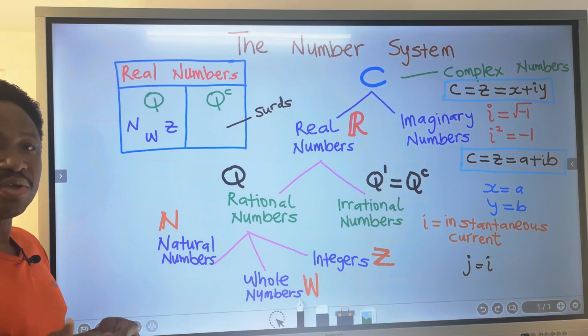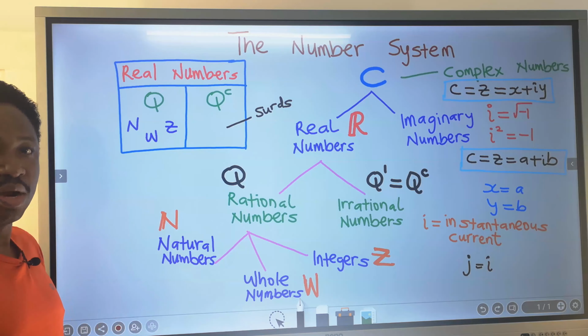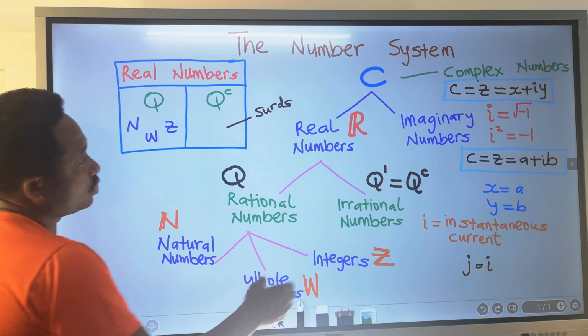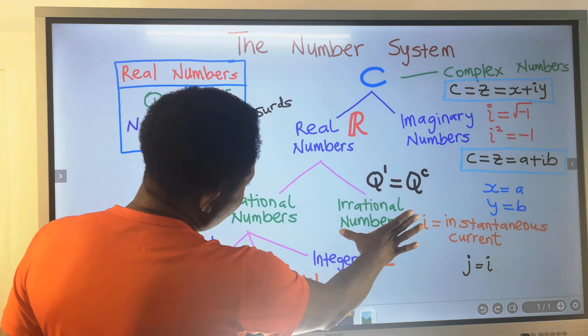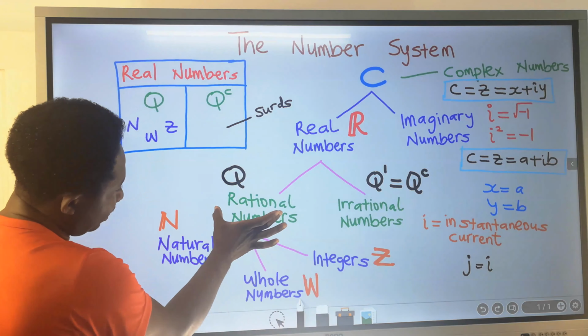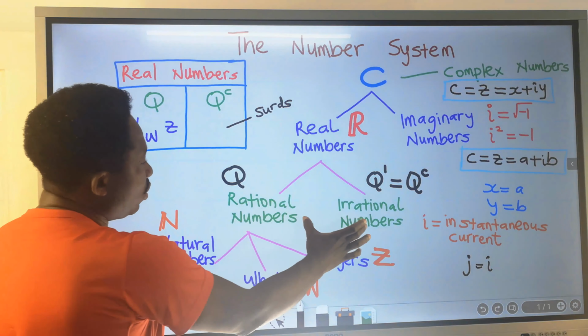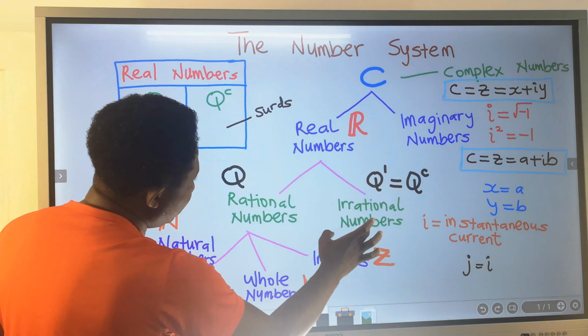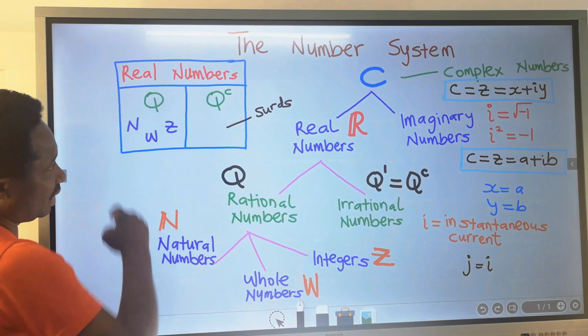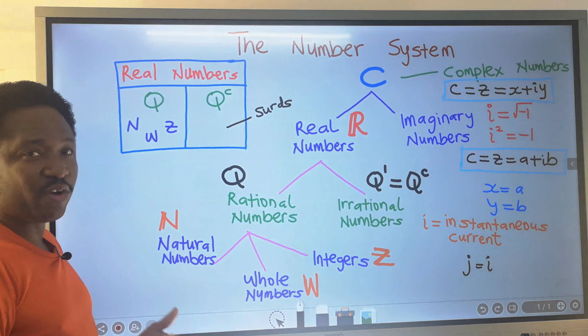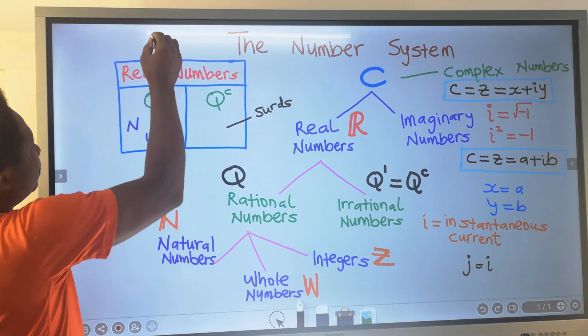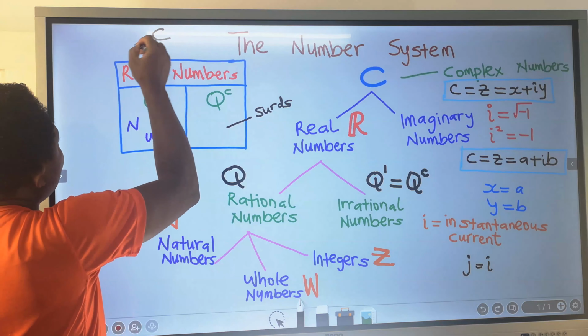Hence, whenever you hear anything like rationalization of surds, remember that surds are irrational numbers, and here we have rational numbers. We are trying to rationalize this into this family. And don't forget that in this family tree, complex number is here.